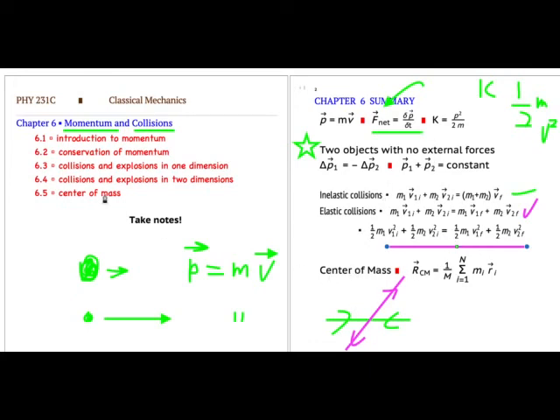The very last section is called center of mass. If you have a collection of many particles, you can define a special point called the center of mass. The position of the center of mass is the average position weighted by the masses.